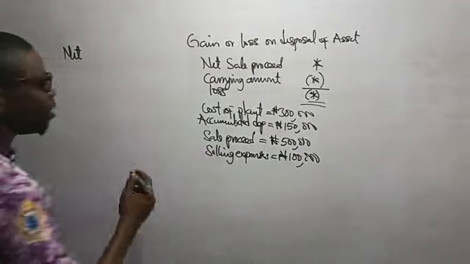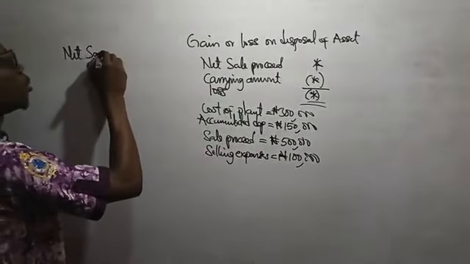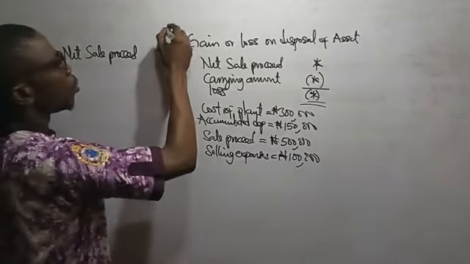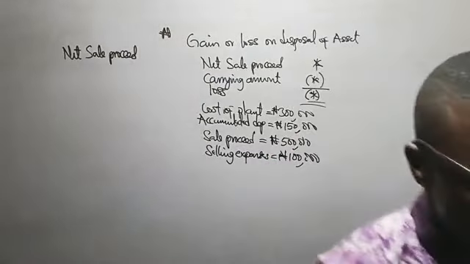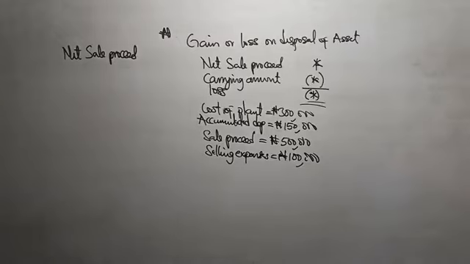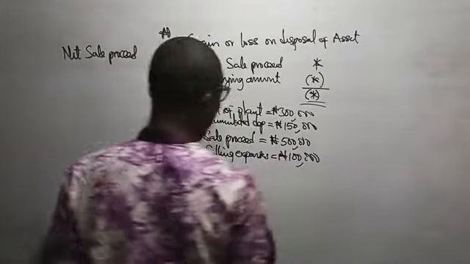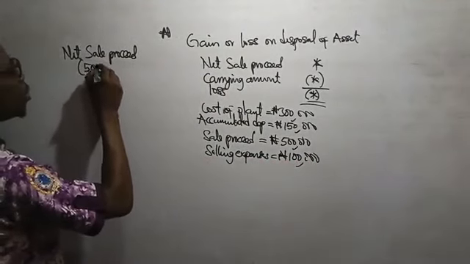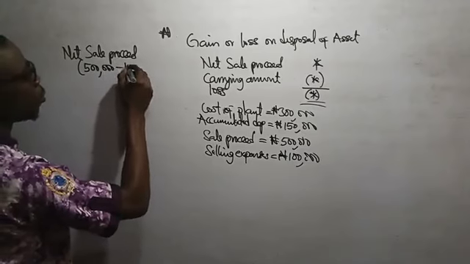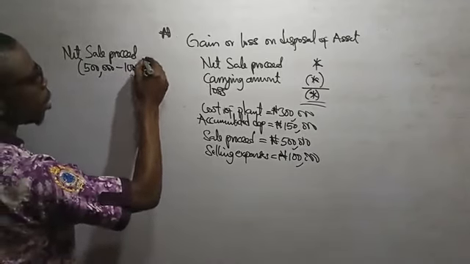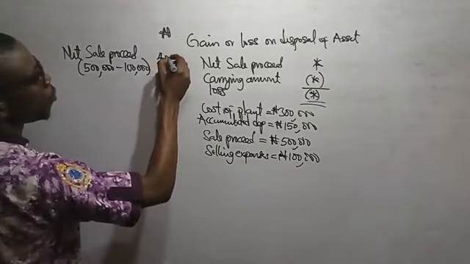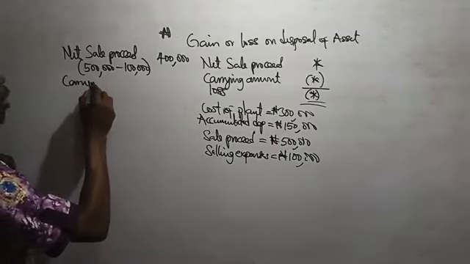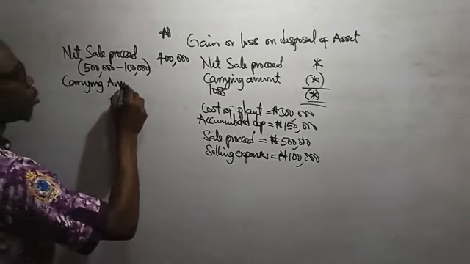Net sales proceed will be the sales proceed minus the selling expenses. So it is 500,000 minus 100,000, that will give us 400,000.